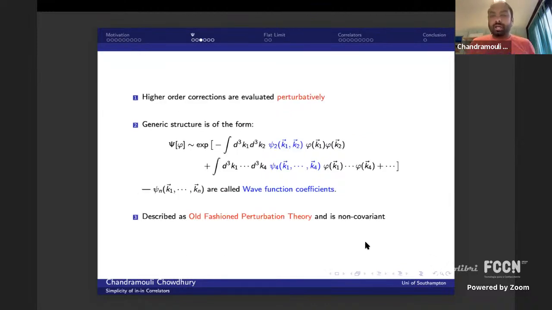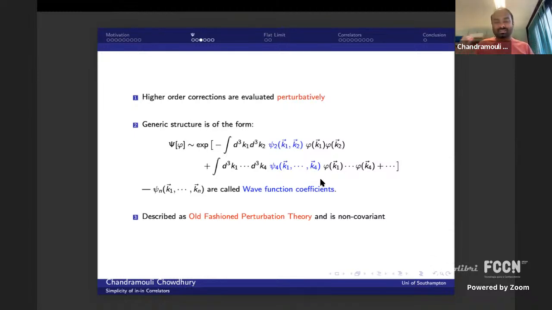Now, of course, if you have interactions, you would essentially solve this equation using perturbation theory. You can either keep evaluating the path integral if you like, or you can solve the standard differential equation, and you would obtain a very generic structure which has a form like this, where these objects, the coefficients of the fields, are often called the wave function coefficients.